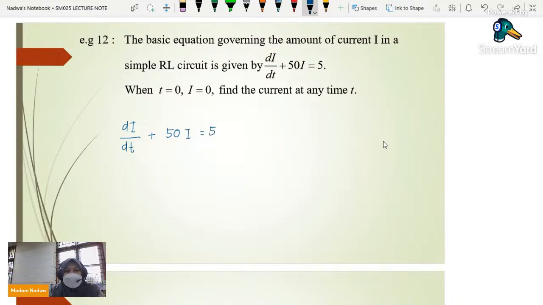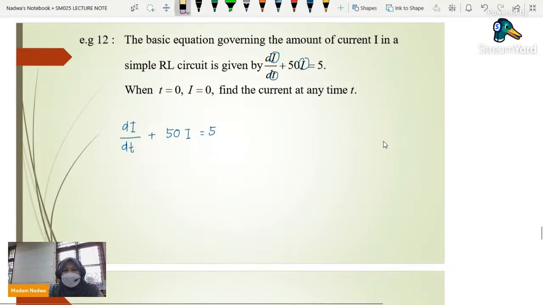So kita perasan dekat sini, variables yang ada adalah I dengan T macam tu. So kalau biasanya bila kita jumpa differential equation, selalunya melibatkan Y dengan X. So awak akan cuba nak separatekan Y dengan Y, X dengan X.